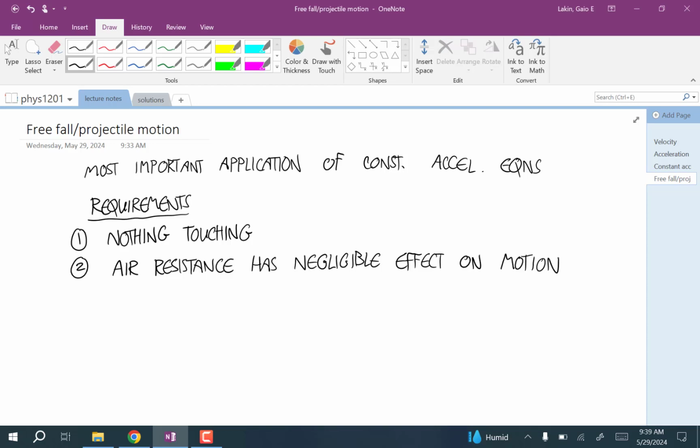Okay, so let's think about this. If you have a giant rock and you drop it from 10 feet off the ground, whether you do that in a perfect vacuum or you do that in the regular air, that motion is going to look exactly the same. Whereas now think about an army man with a parachute.